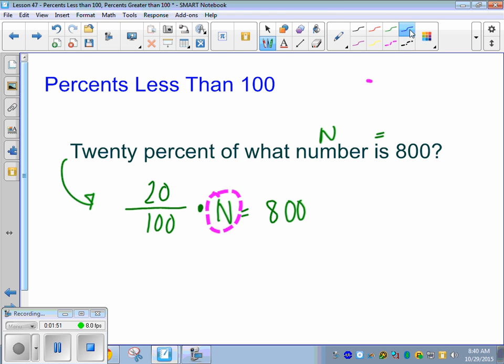So if I want to get n by itself, Dylan, what do I have to do to both sides? You can start by reducing. We can do that. So if I reduce this, I can get rid of some zeros. I'd have 2 over 10 n equals 800. Now what do I have to do? Flip it. What do you mean?